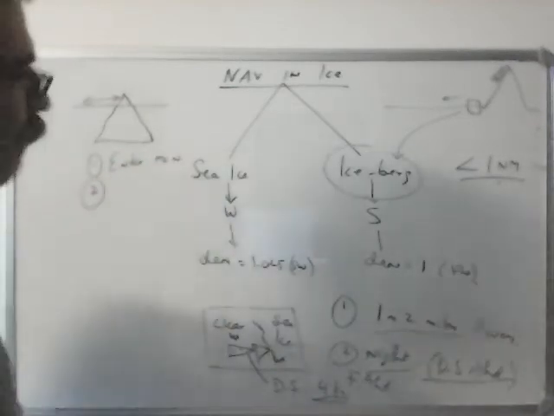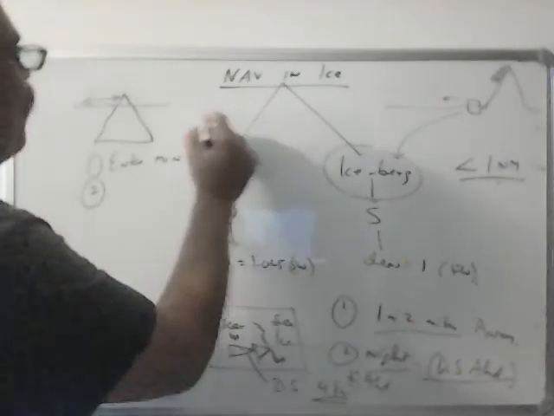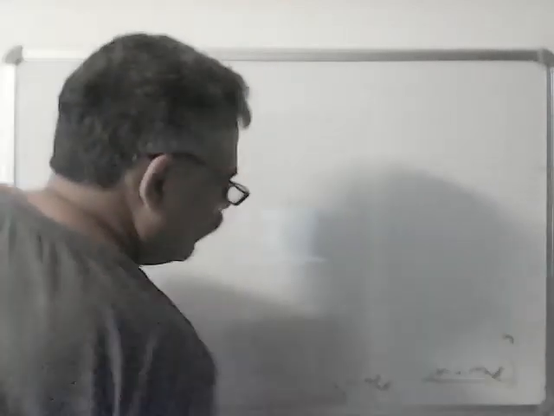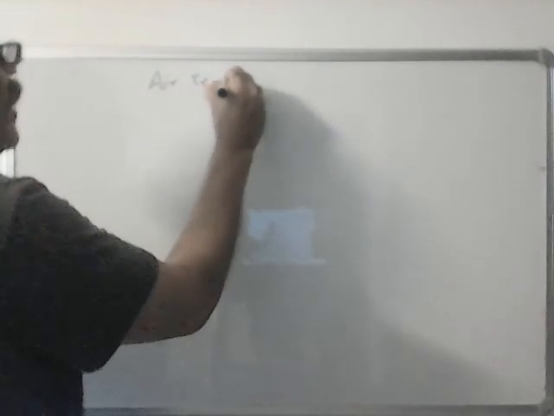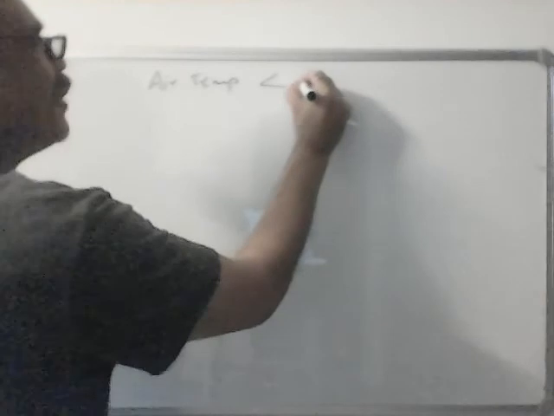Secondly, if you are having freezing spray, now what is freezing spray? That is when the air temperature is less than minus 4 degrees, because salt water becomes ice if it is less than minus 4 degrees.